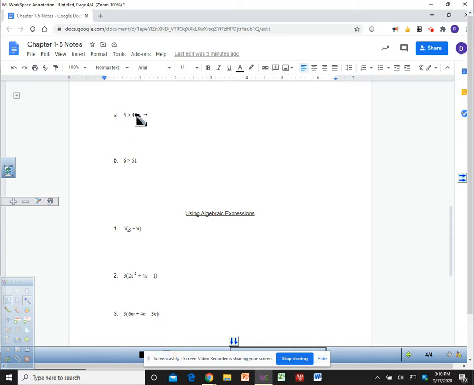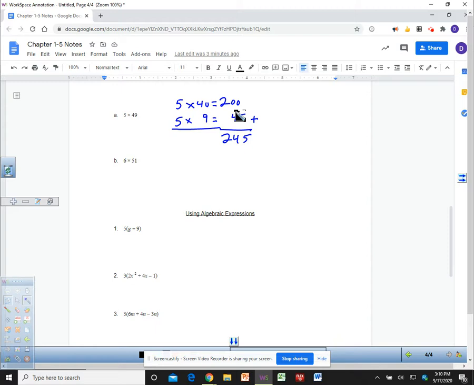When I see 5 times 49, in my brain I see this as 5 times 40 and 5 times 9. And we're just going to add our answers together. So 5 times 40 would give me 200. 5 times 9 is 45. So if I add these together, I get 245.